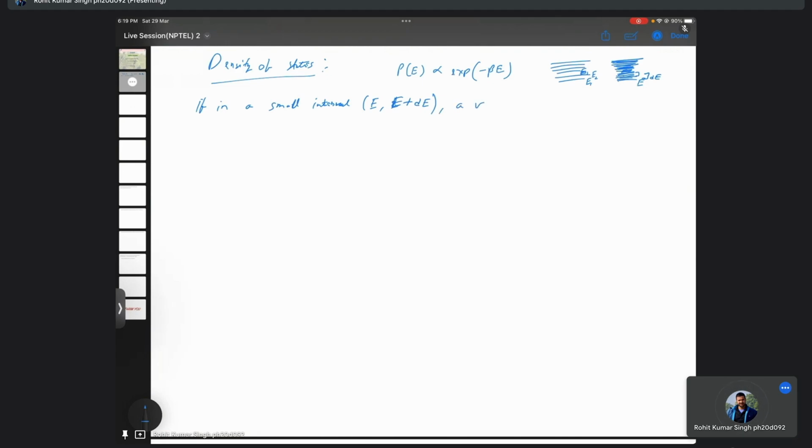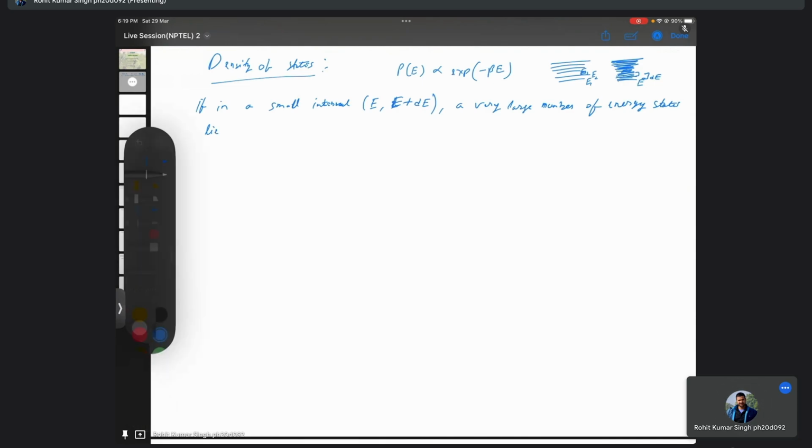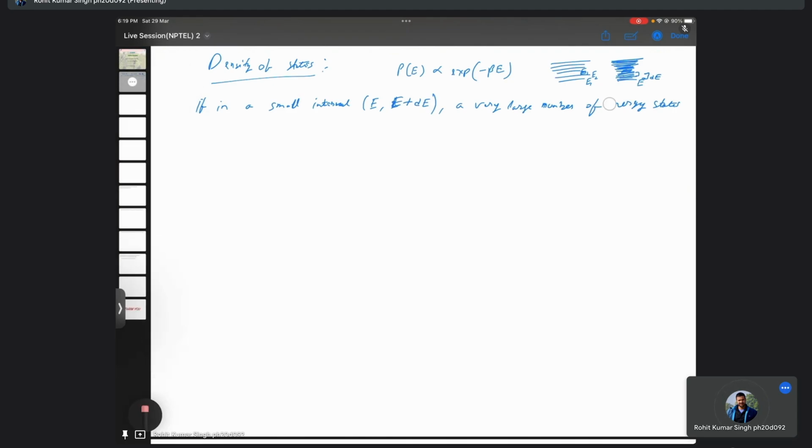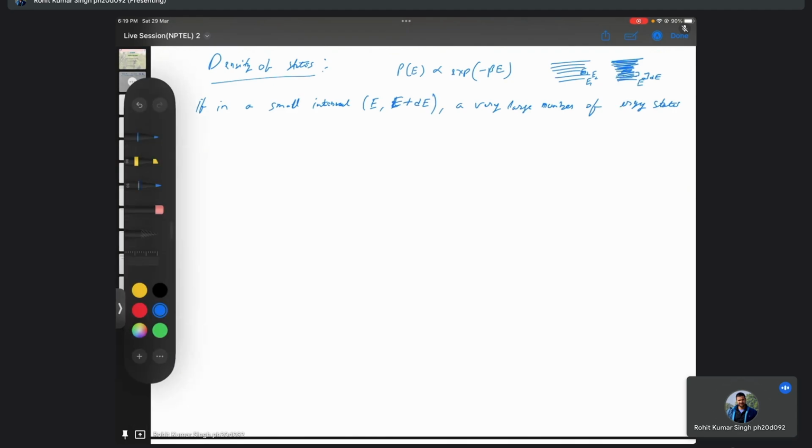In a small interval, a very large number of energy states are there.